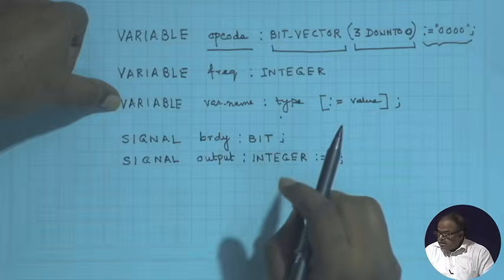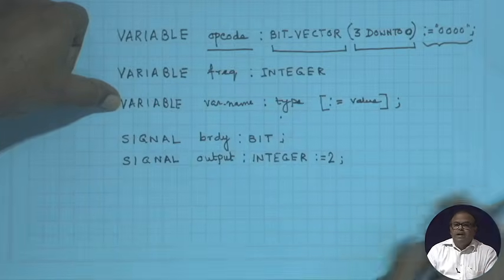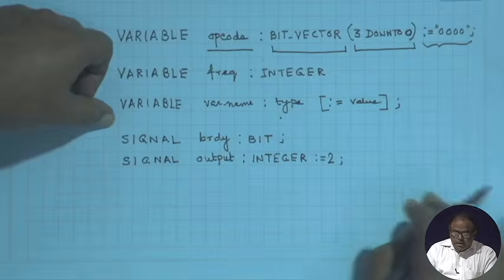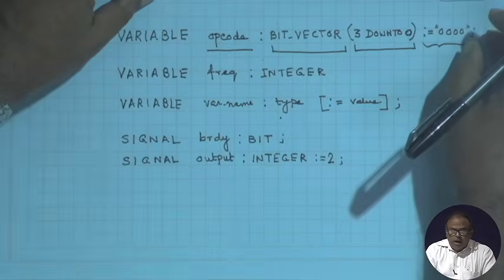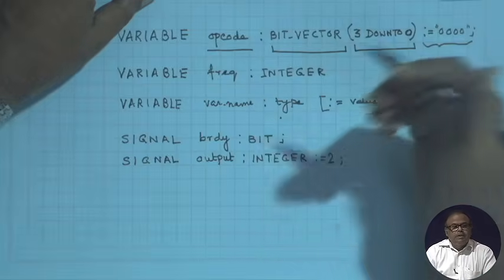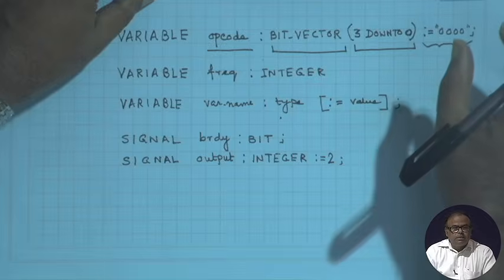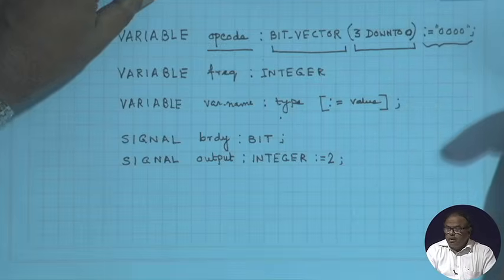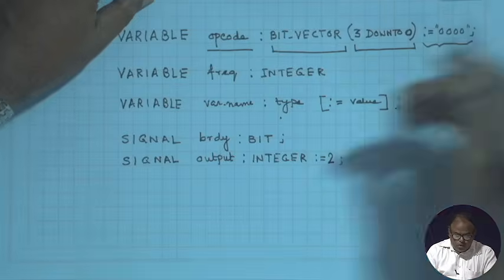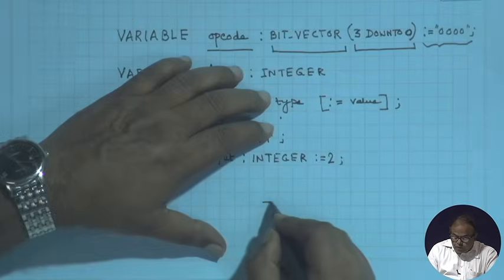Now, this signal and variable look very much the same, but what is the essential difference between signal and variable? A variable, just as in a programming language, refers to a memory location or a register where it is stored. So, a variable is stored, whereas a signal is actually representing a piece of wire.